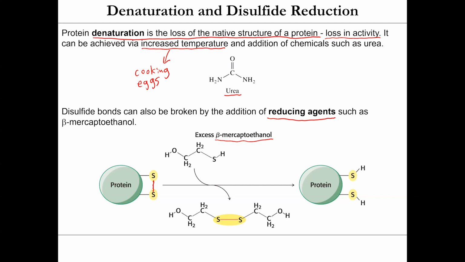So beta-mercaptoethanol would be a reducing agent, so it would reduce this disulfide bond and cause it to break, and both of those cysteine molecules are now protonated. So denaturation is the unfolding of a protein, either by increased temperature or the addition of chemicals such as urea. And then you can break disulfide bonds by the addition of reducing agents.